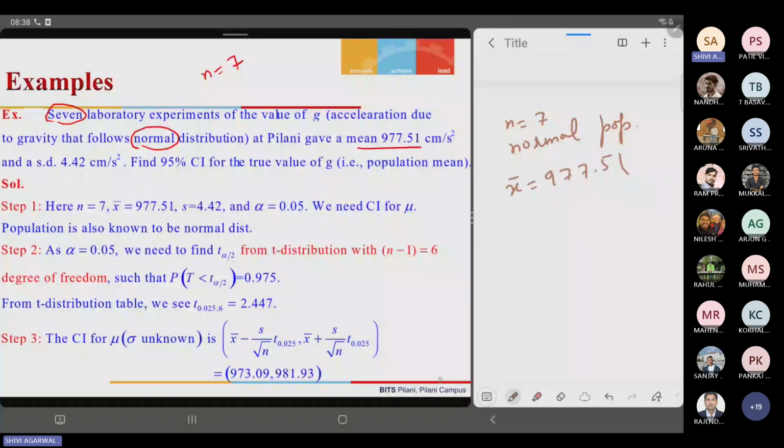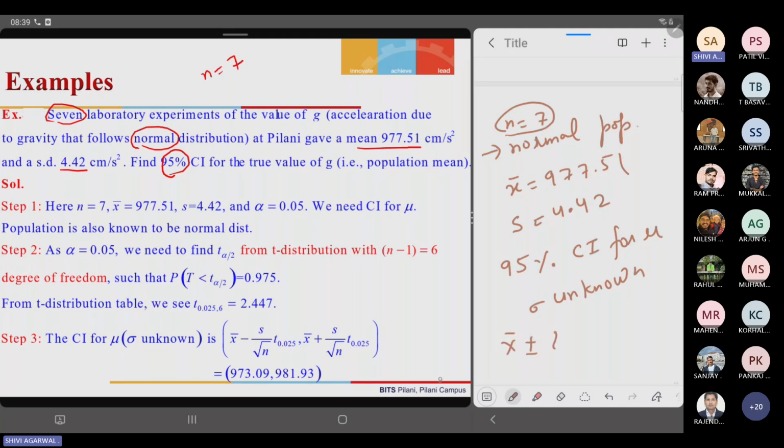The sample standard deviation s is given as 4.42. Find the 95% confidence interval for mu, sigma unknown. Sigma is not known to us. Because the sample size is small and the population distribution is normal, we use the formula x bar plus or minus T alpha by 2 with n minus 1 degrees of freedom times s upon root n. Correct?